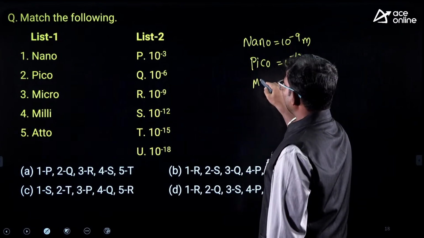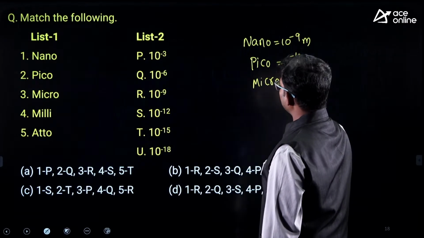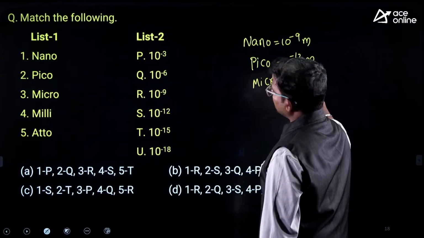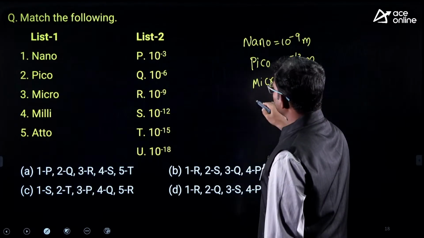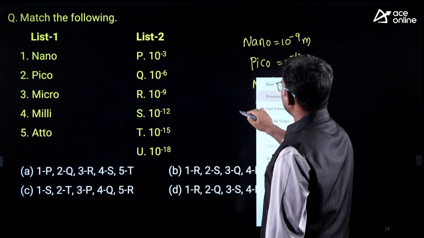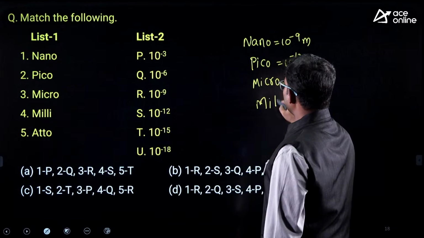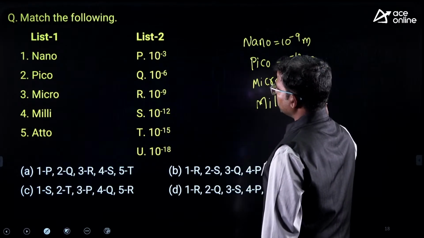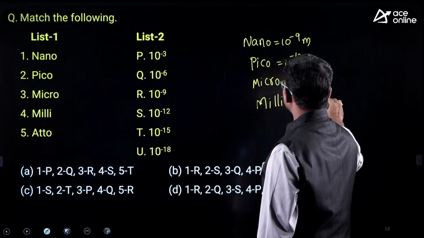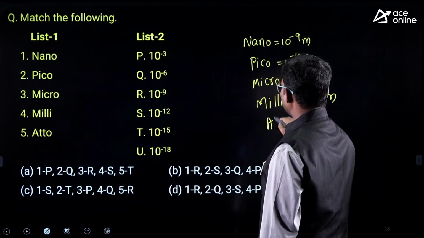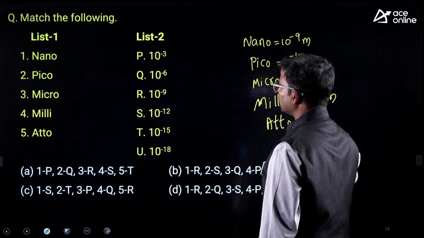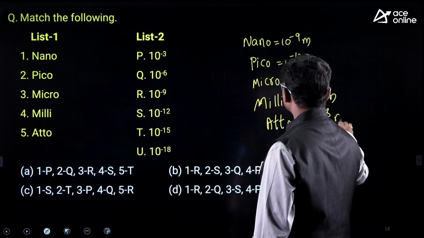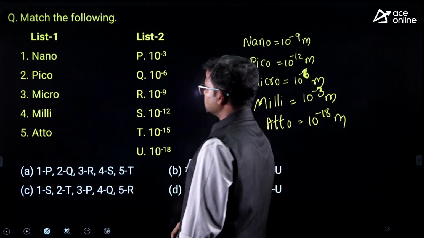Micro is equal to 10 power minus 6 meters. Milli is equal to 10 power minus 3 meters. Atto is equal to 10 power minus 18 meters.